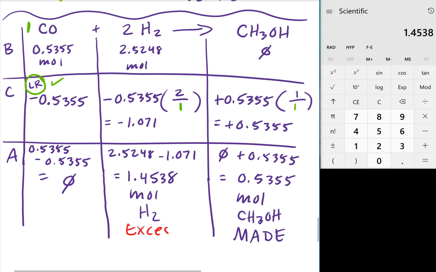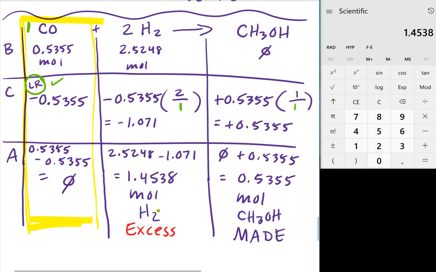Since you have extra hydrogen, hydrogen is your excess reactant, and our BCA table tells us we have 1.4538 moles left over. And again, for emphasis, we are going to highlight our limiting reactant column.